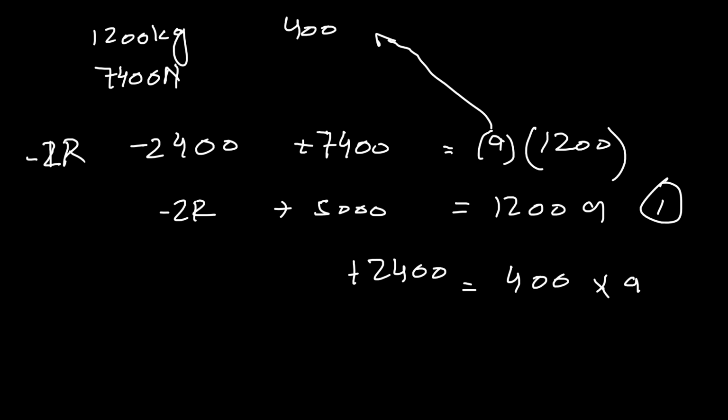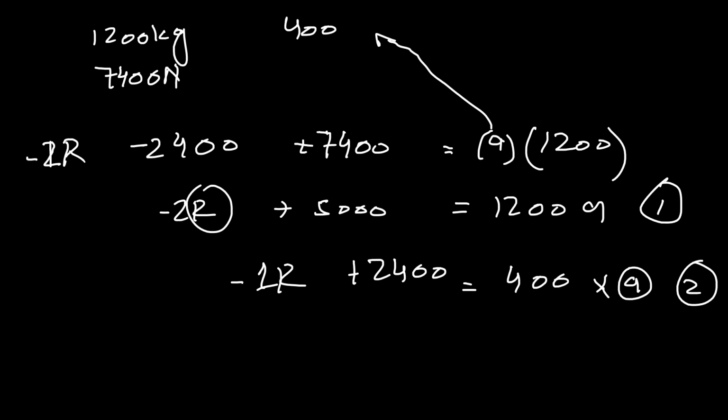The negative force on the trailer is the resistance force, which is minus 1R. So that's all there is to it. These give us two equations. We will solve these equations to get the values of A and R. So this will be our solution to our problem. So let's solve them.